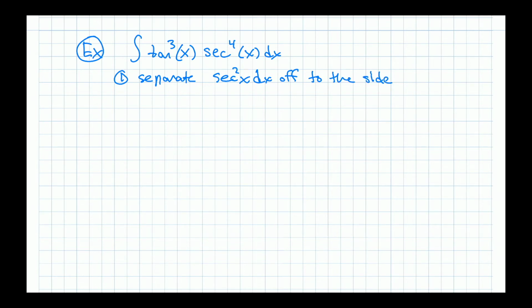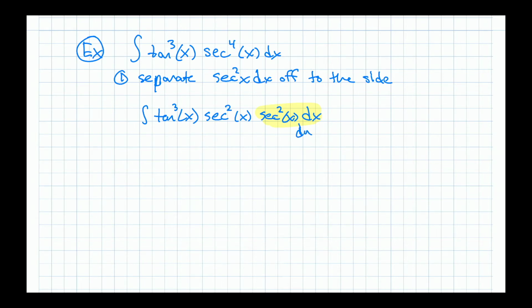That's your first step. So that will look like this. Tangent to the 3x, we're separating this into a 2 and a 2, like that. And our goal is that this is going to be our du at the end.